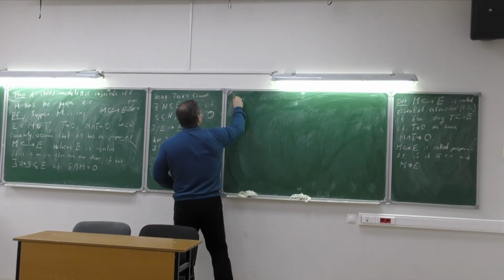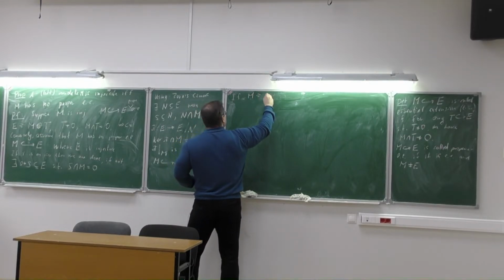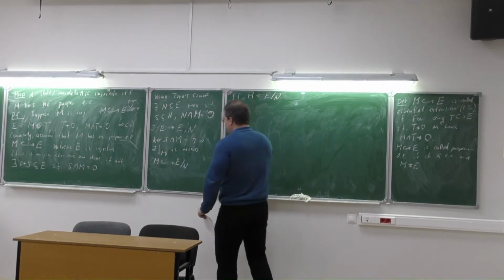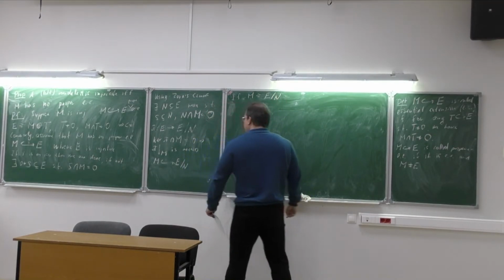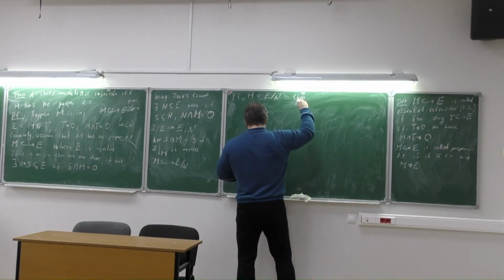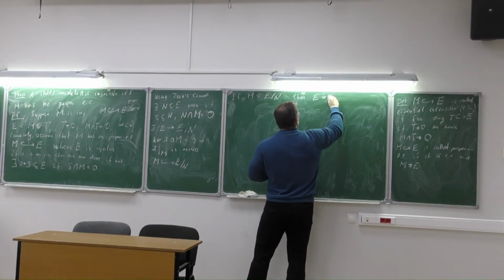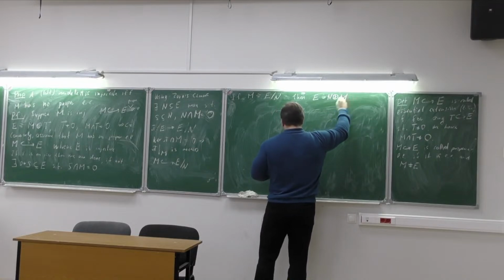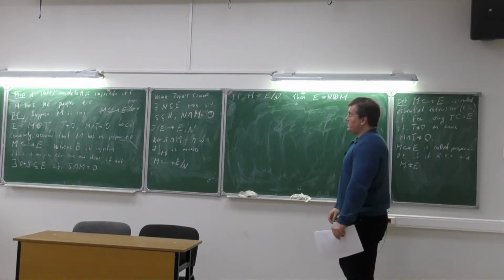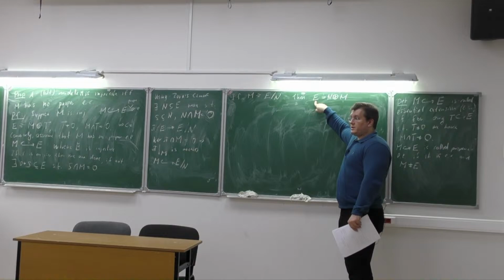Well, if M is isomorphic to E modulo N, in other words, this extension that we consider here is not proper, then from this I can conclude that E is just isomorphic to N plus M. Right, so we see that in this case, M is a direct summand in the injective module, hence M is injective.